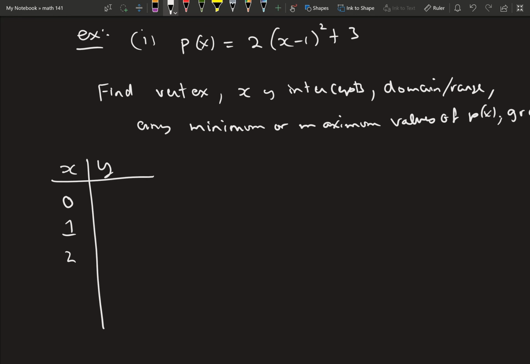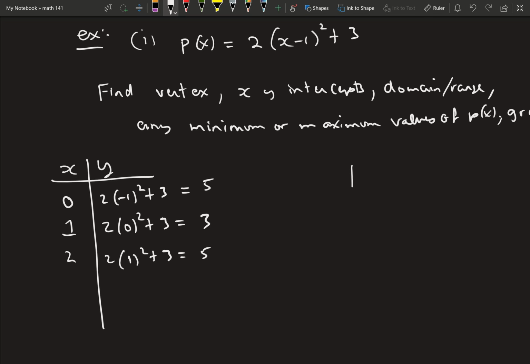That's actually good enough. So if I plug in 0, I get 2 times negative 1 squared plus 3, which is 2 plus 3, which is 5. Here I get 2 times 0 squared plus 3, which is 3. Here I get 2 times positive 1 squared plus 3, which is 5.